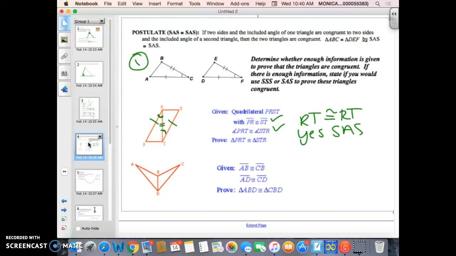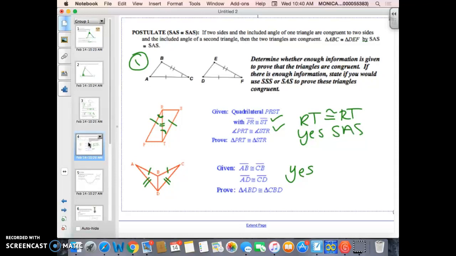Okay, let's look at the second example and let's see if we can prove that these two are congruent. So we've got AB is congruent to CB. So AB is here, CB is here. Okay, and then we've got AD is congruent to CD. Okay, can we prove that these two triangles are congruent? Well, yes.